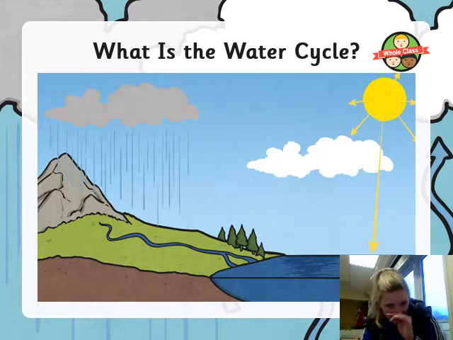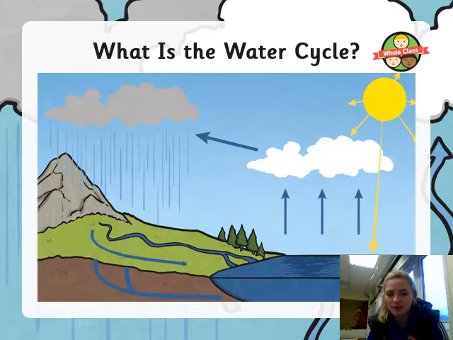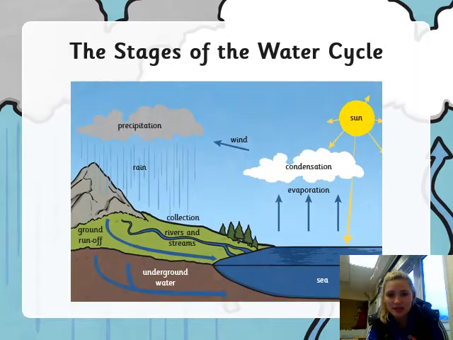So this is my picture here. And we can see that the water from the lakes and from the rivers at first moves up towards the clouds. So it evaporates from the lakes and moves up into the clouds. From that point, condensation happens, and then that condensation leads to precipitation where the rain falls from the clouds onto the ground below.